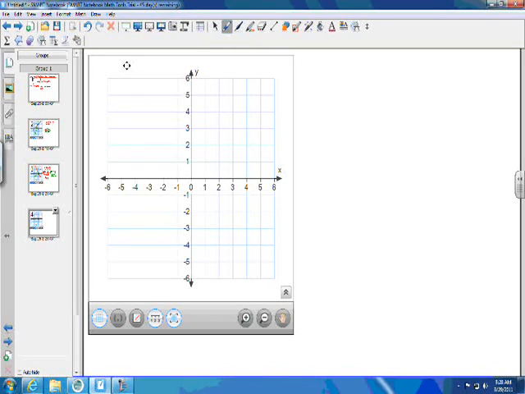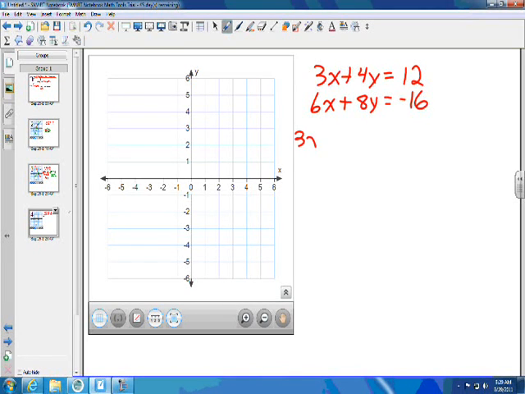Three x plus 4y equals 12. And 6x plus 8y equals negative 16. I'm going to move through this one a little faster.